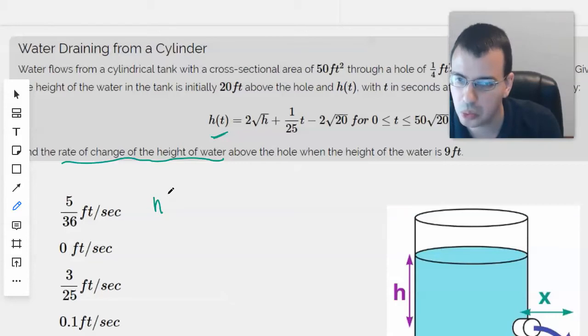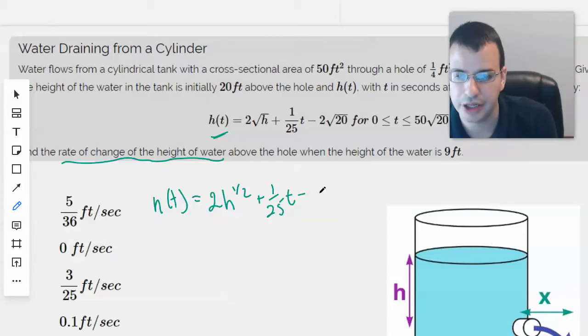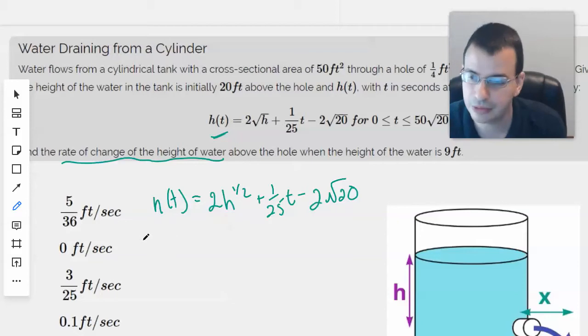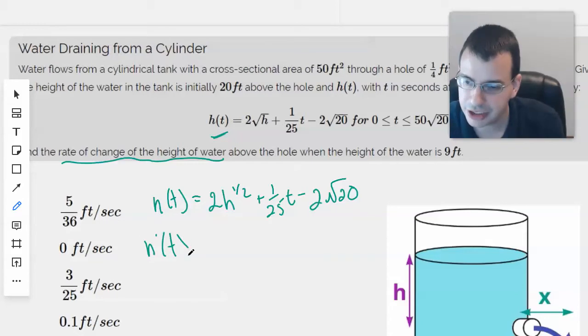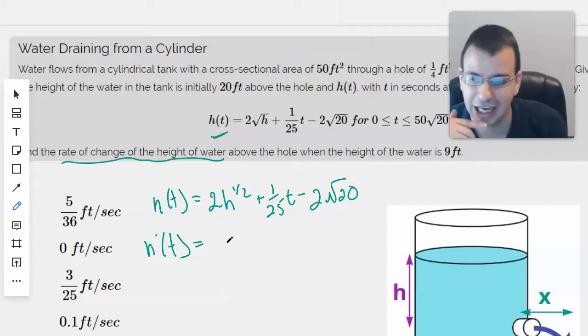I'm going to rewrite h of t with exponents, because it helps me focus on what's important. H prime of t equals, now that we're doing derivatives, exponents get lower.